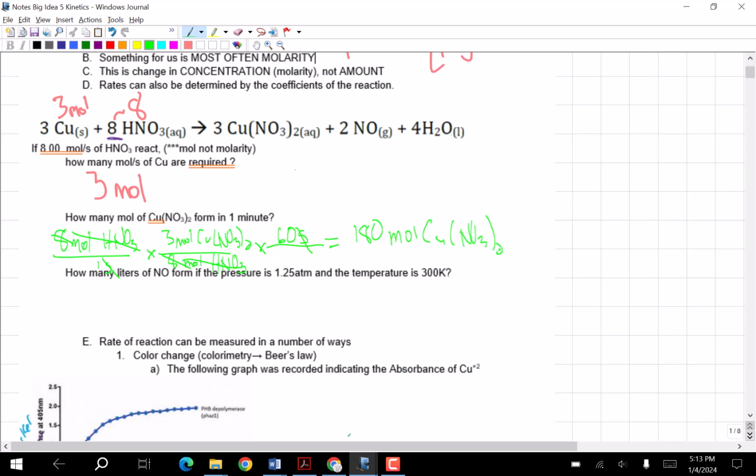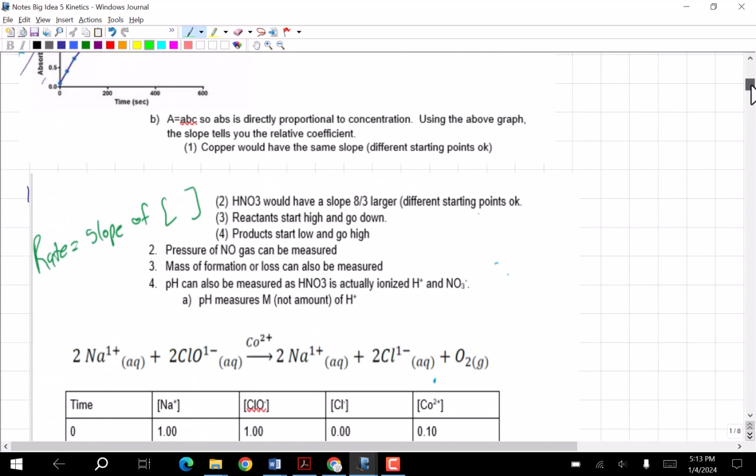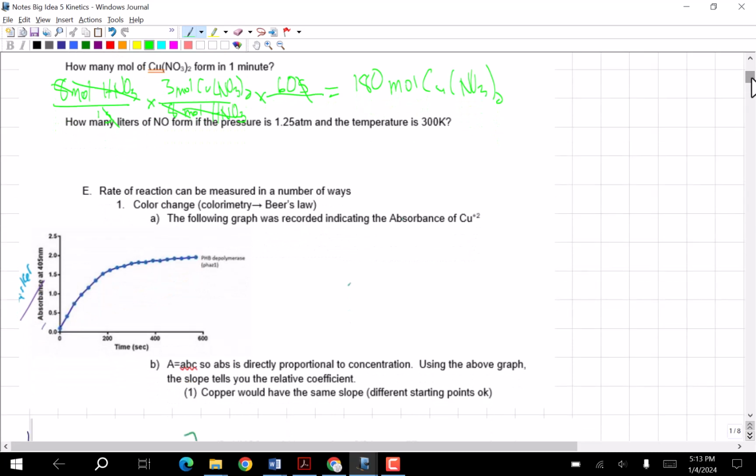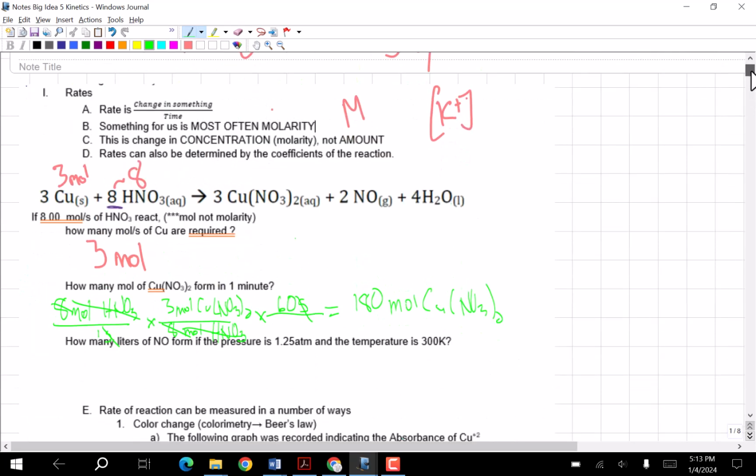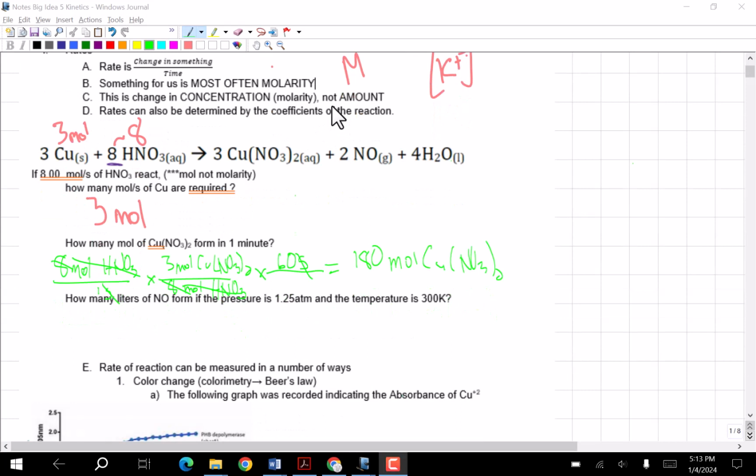How many liters of NO form if the pressure is 1.25 atmospheres and the temperature is 300 K? What we have here is the same thing.